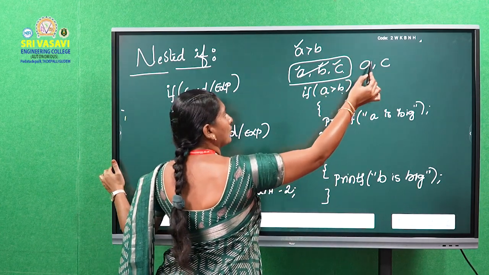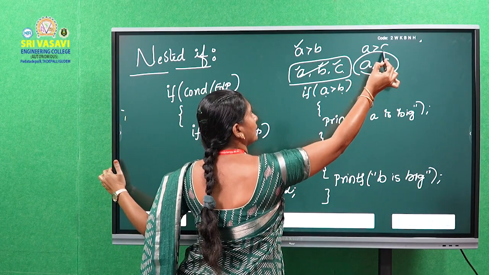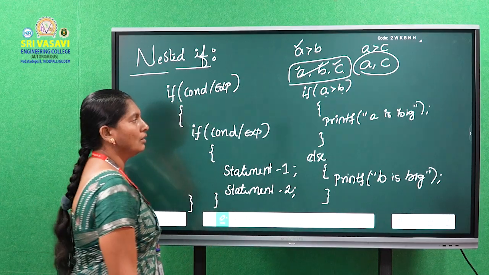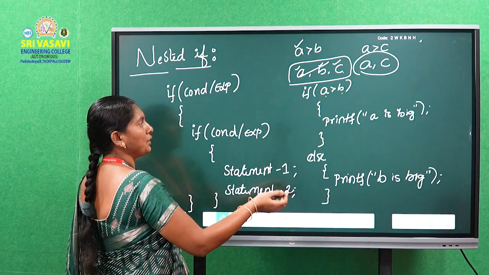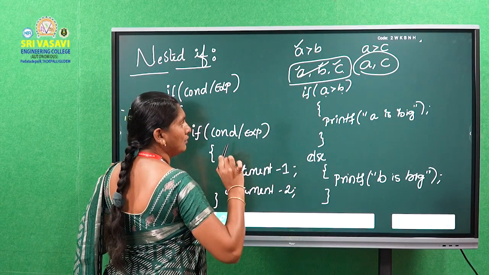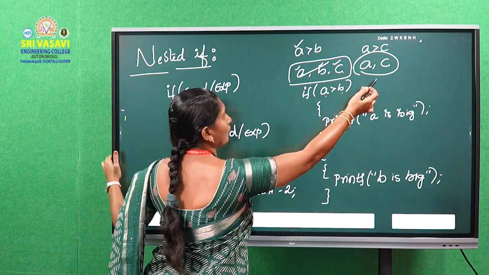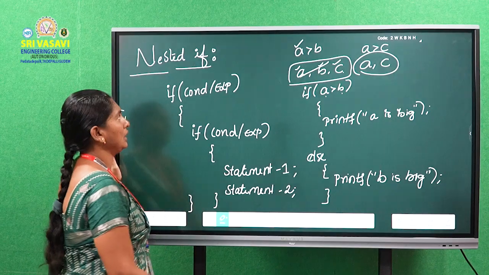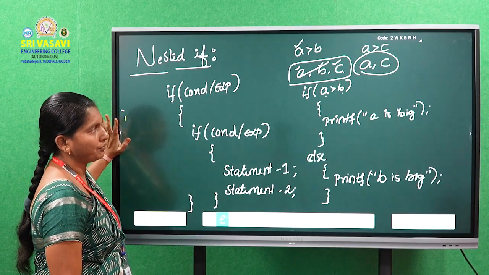So now again I have to check one more condition, whether a is greater than c or not. That means here how many conditions are we checking? Initially we are checking one condition, and based on that we are checking one more condition. In that case we will use the concept of nested if.